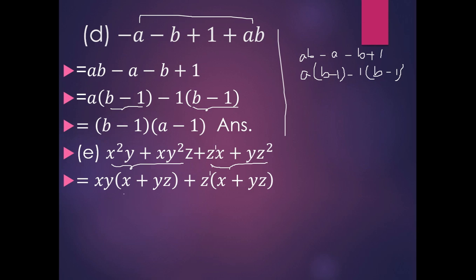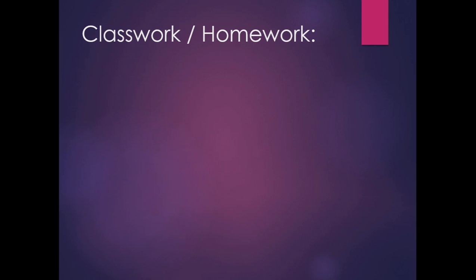Now here we have the same expression, x plus yz, so that x plus yz can be taken out, and what remains is xy plus z. So x plus yz and xy plus z, this is our required answer.